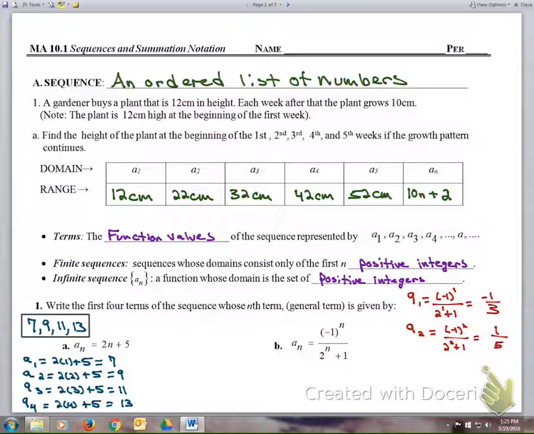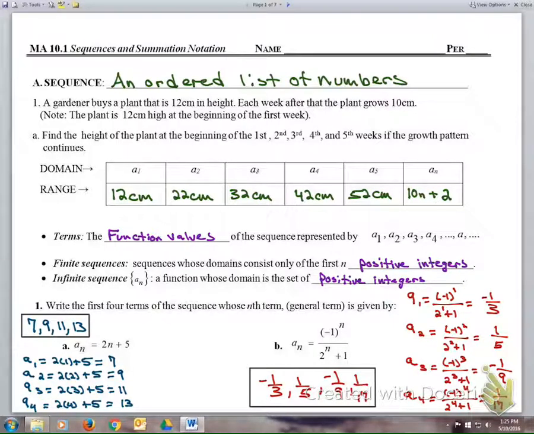And you should notice that that negative 1 to the n power is just making you alternate from positive to negative. And in this one, I just use the formula all the way because it was harder to figure out the pattern there. And then below the problem, I have listed all the terms.